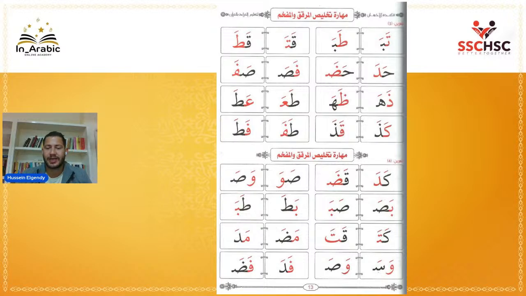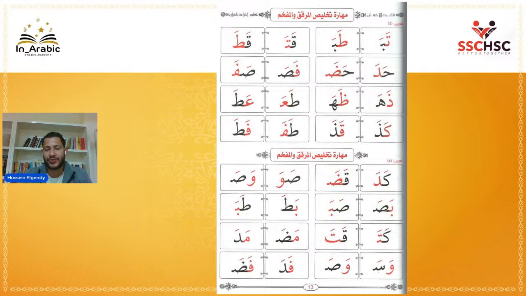In the second part of this page, which is specifically about the skill of summarizing the heavy and the light sound letters, ka, da: ka is one of the light letters, and da is one of the light letters too. Da, ka, da: qaf is one of the heavy letters, and da is one of the heavy letters too.